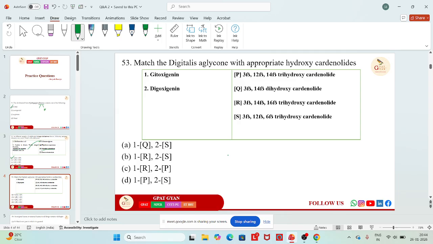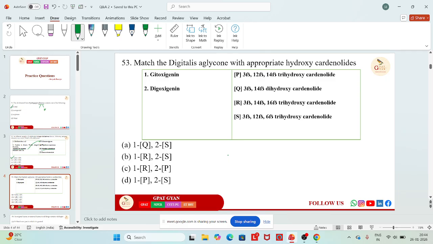These 5 are very important for your ring structure related questions, and they differ in this beta ring system. Okay, basically the hydroxyl position in your ring system, like the 3 beta, 12 beta, as you can see, that position for the hydroxyl group varies for these 5.